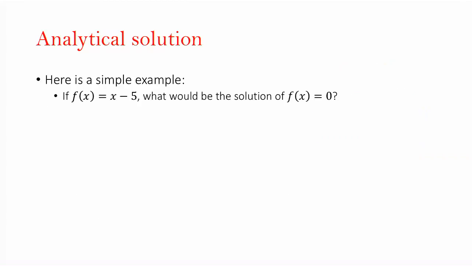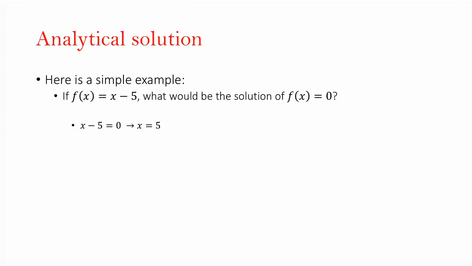If I want to give you an example, imagine that the function of x equals x minus 5. We want to know what the solution is when we want to make f of x equal to 0. x would be 5, right? It's very simple. This is the exact solution. There is no error there, and it's true all over the domain.